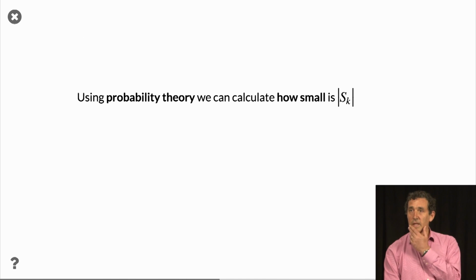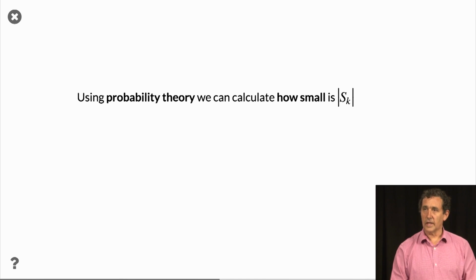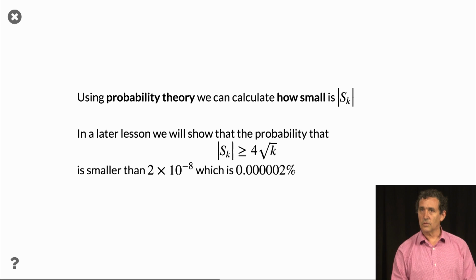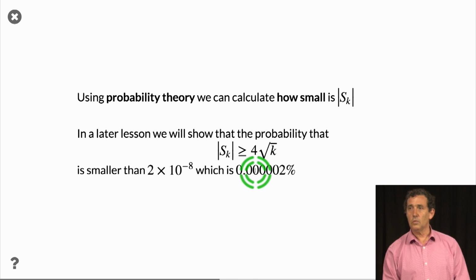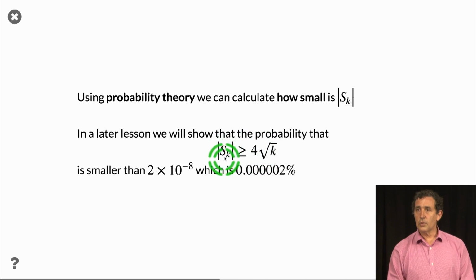With probability theory, we can calculate how small we expect S_k, the absolute value of the sum, to be, because it can be either negative or positive. What we will show is that the probability that S_k is larger than 4 times the square root of k is extremely small.